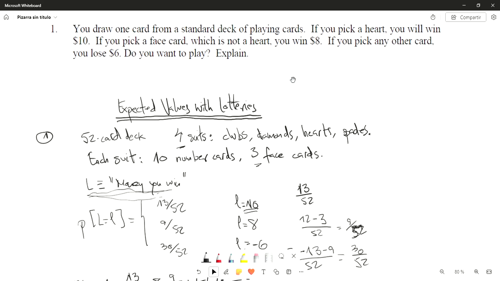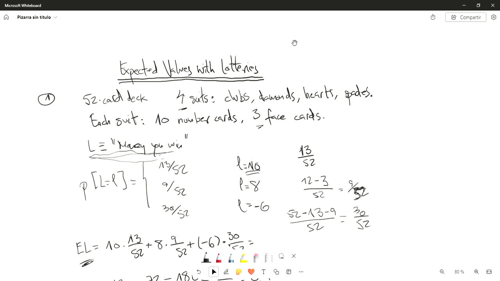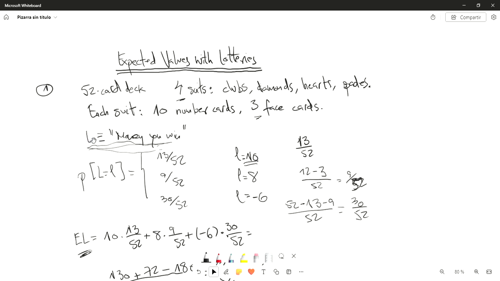To do this exercise, the first thing is to define the variable. Okay, so we will call the variable L, and we define it as money you win.